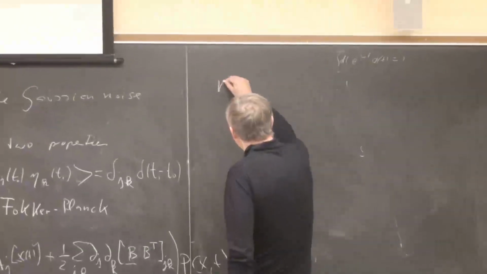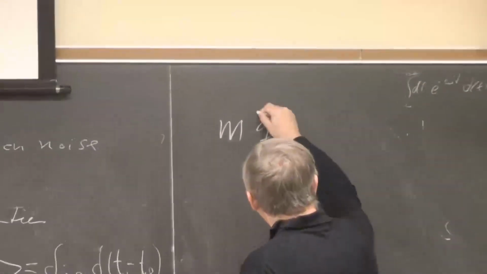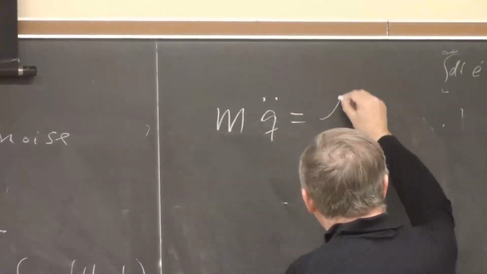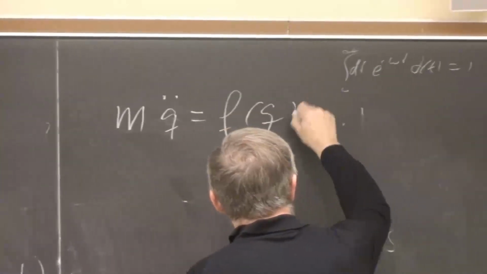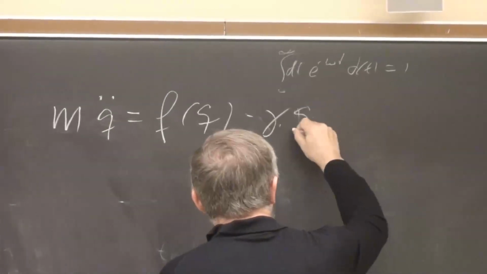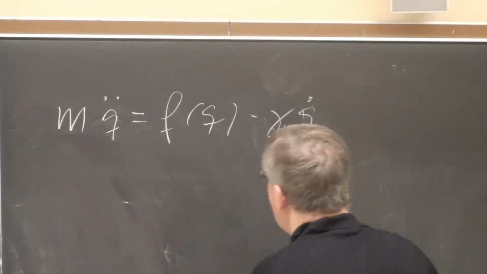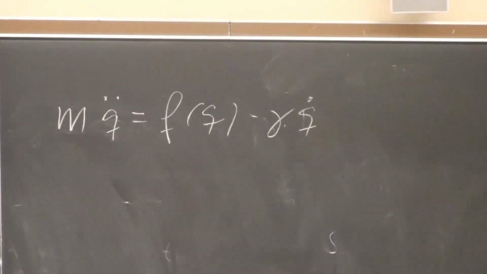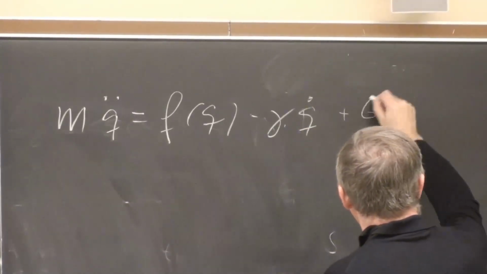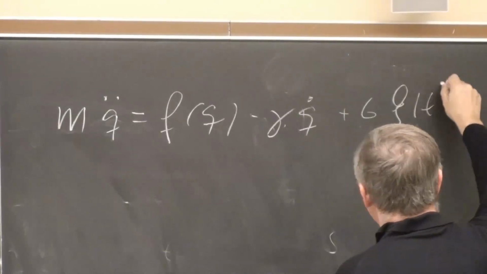We go back to our equation: m q double dot is equal to f of q minus gamma q dot, plus sigma psi of t.